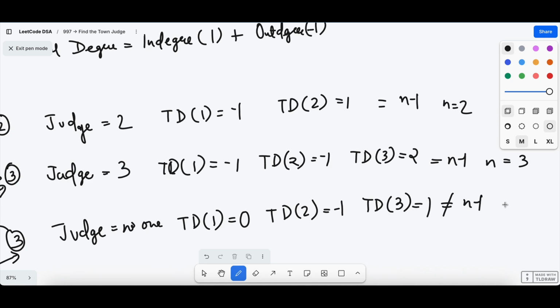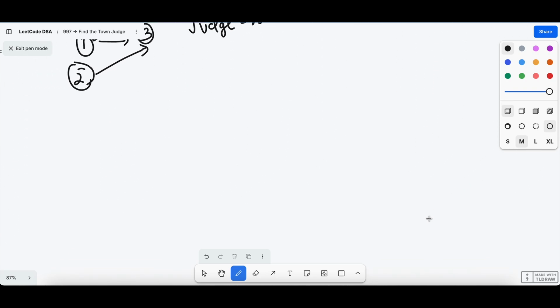But here it's not equal to n minus 1, because n is 3, and 3 minus 1 is not equal to 1. Correct. So we can say that the second element of the edge should have a total degree of n minus 1.